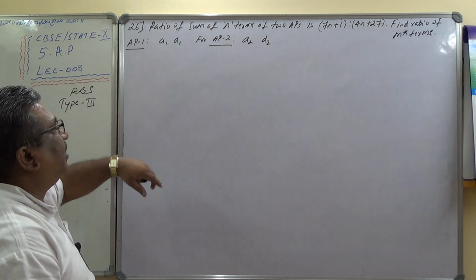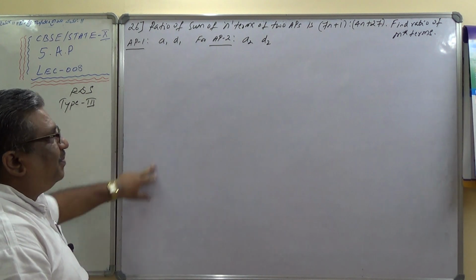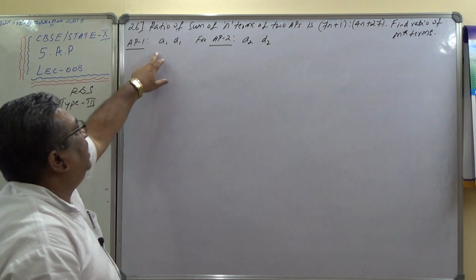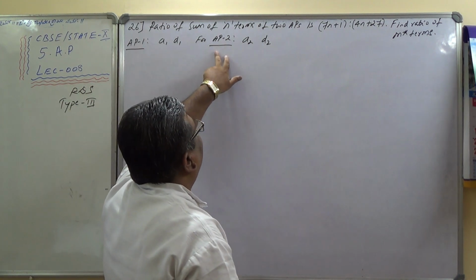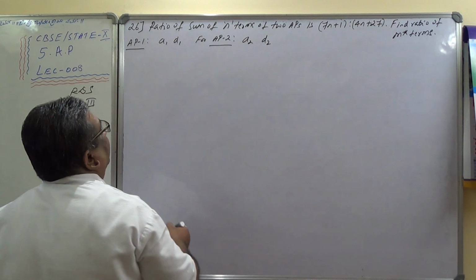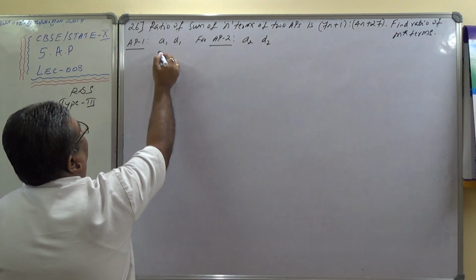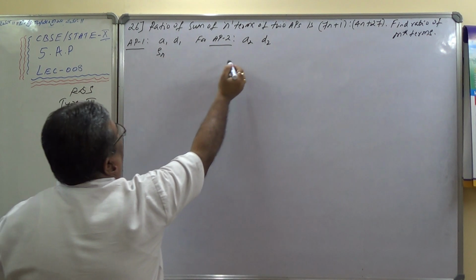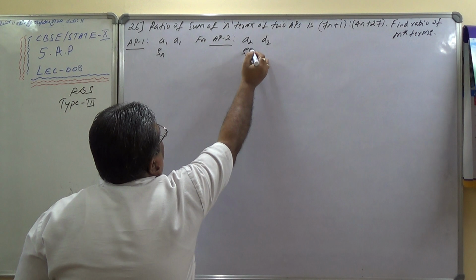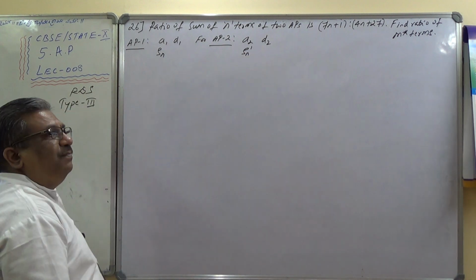You write in detail, okay? I am taking a shortcut because there is a constraint of space here. A1, D1 belong to AP1, A2, D2 belong to AP2, and for AP1, Sn, and for AP2, Sn dash are the sums.